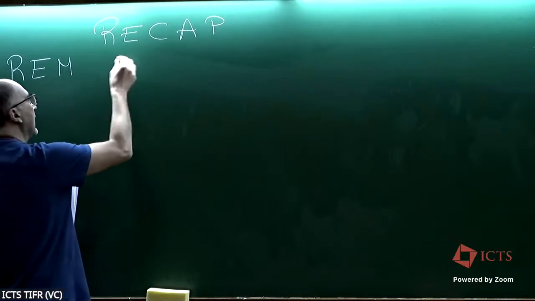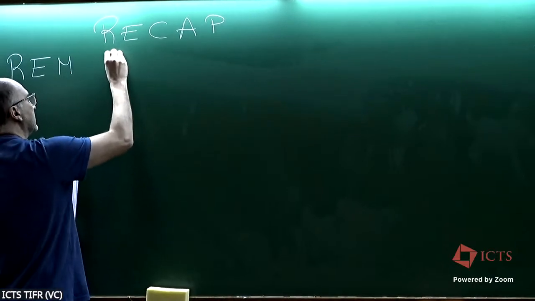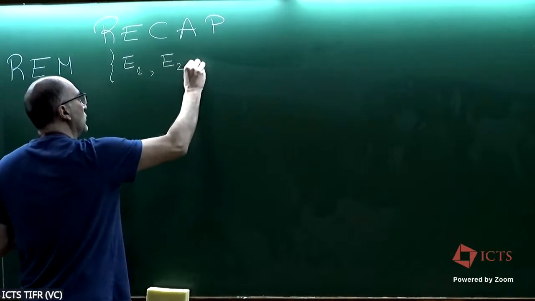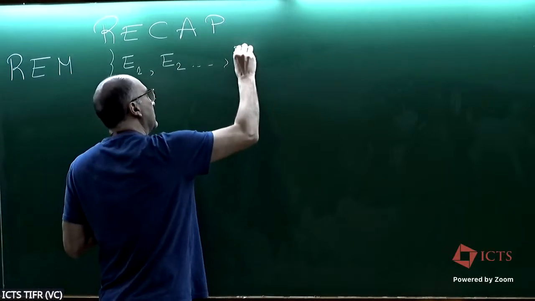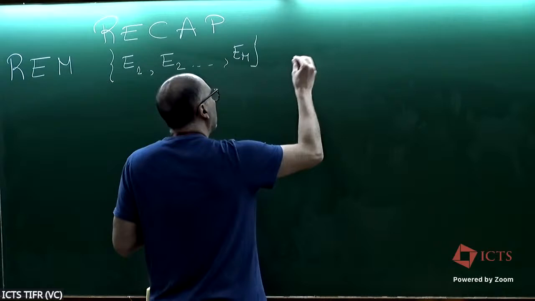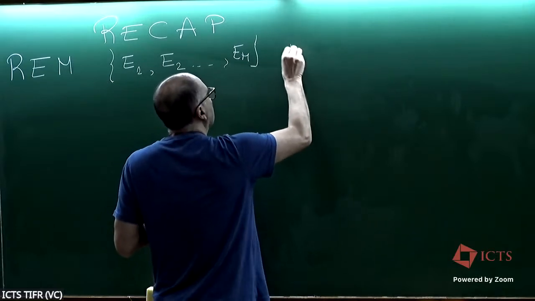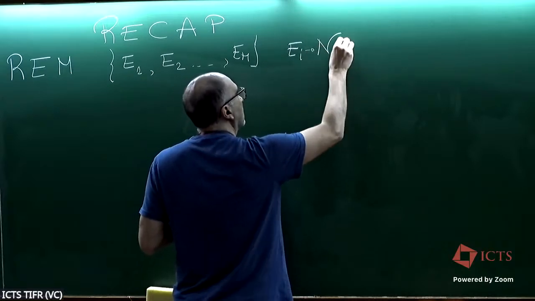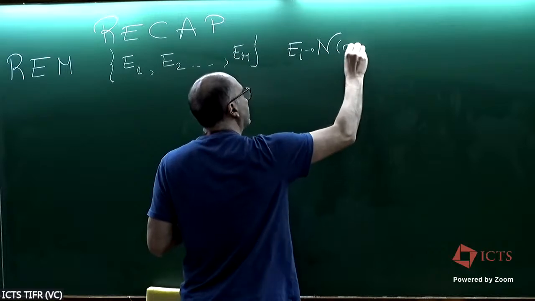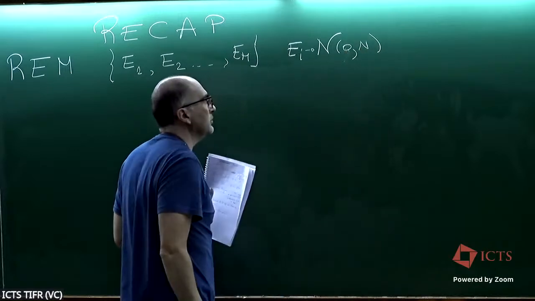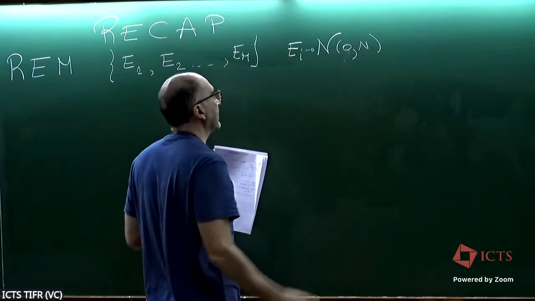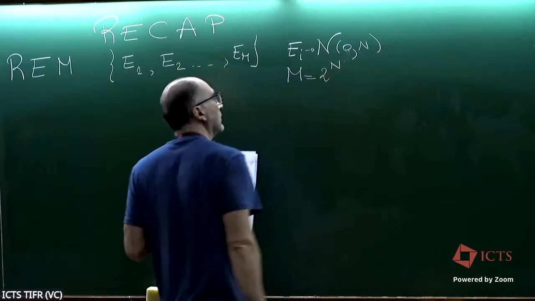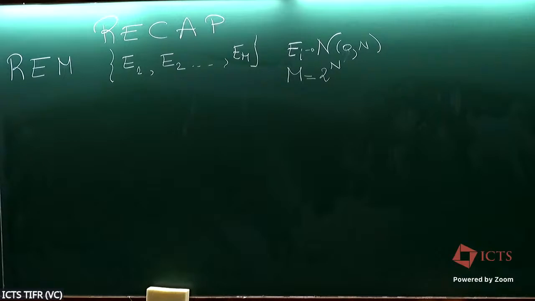Where we have energy, so we said we have a set of random numbers, E1, E2, ..., EM, and they are random numbers taken from a Gaussian distribution of zero mean and n variance, and there is a relation, we said, M is equal to 2 to the power n, okay?